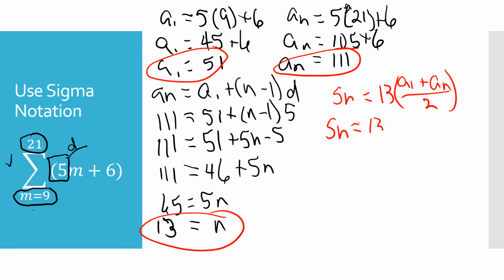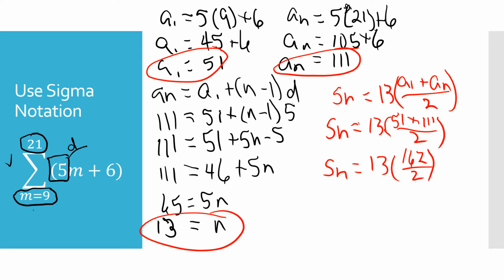So we've got 13 times 51 plus 111 over 2. And the sum of the series is now 13 times, let's see, 51 and 111 is 162, I believe it is, 162 over 2.